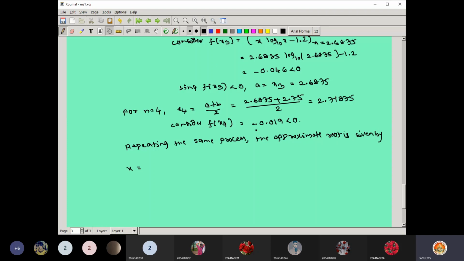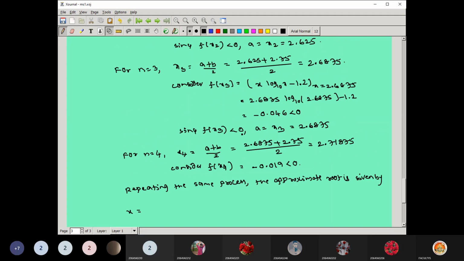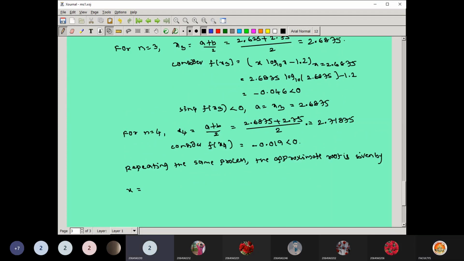Tell me what answer comes. Add all of them and divide by how many we have done, 5, so divided by 5. You just add all the approximate roots, only x values, x0, x1, x2, x3, x4, divided by 5. It is the average value. How much are you getting?